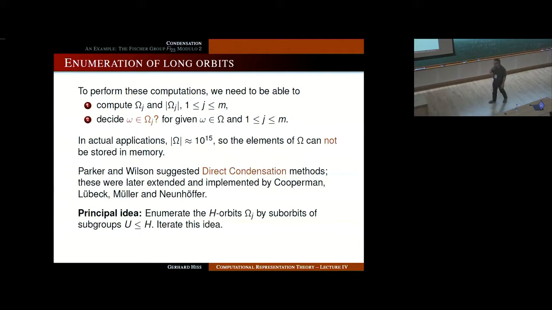And then you don't store the whole orbit, but what you do is you store a couple of points of this orbit. For each orbit, you store a couple of points and an algorithm which will guarantee that given any element in omega, if you apply it, it will send you to one of the stored points.